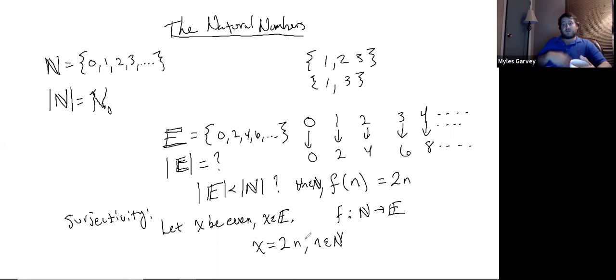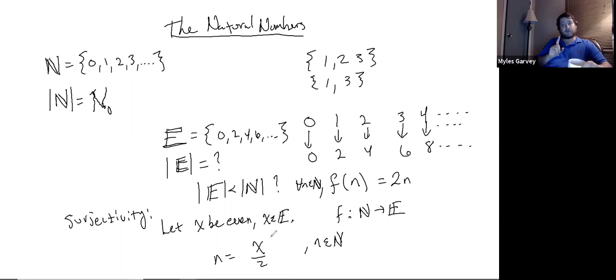And so therefore, if you give me an x, by definition, I'm guaranteed to be able to find an n that I can pass through there. And therefore, I was able to find an n in the natural numbers, assuming that x was even.